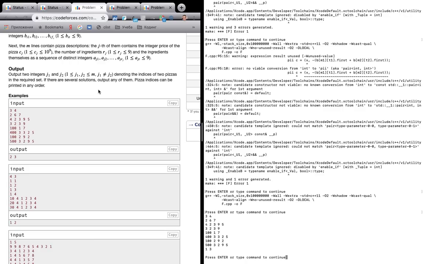Ah, okay, cool. I don't think that it changes anything, but this statement is garbage.